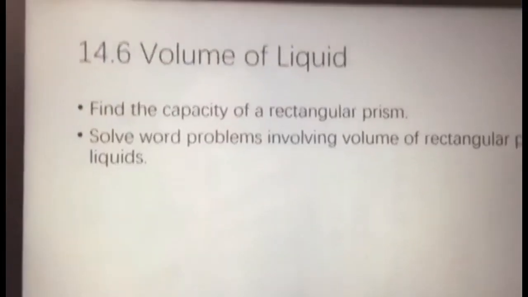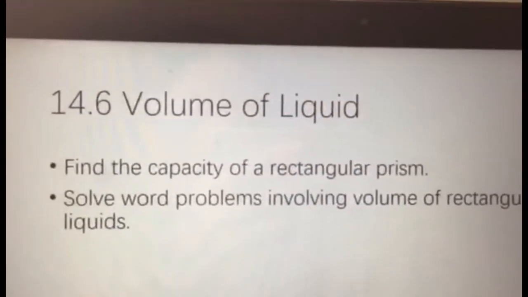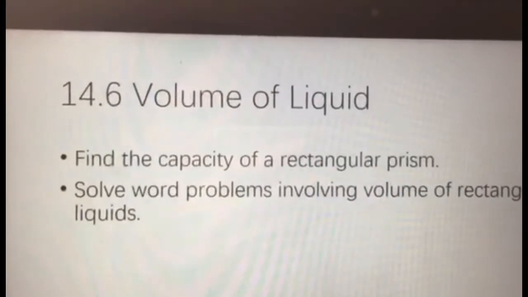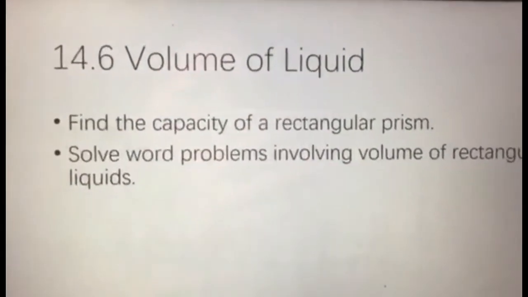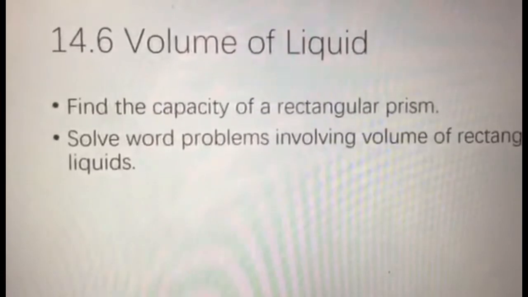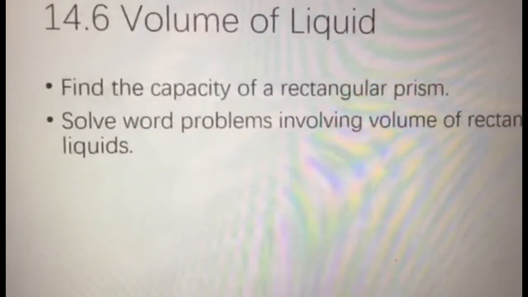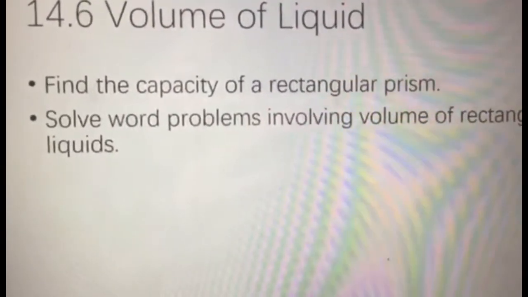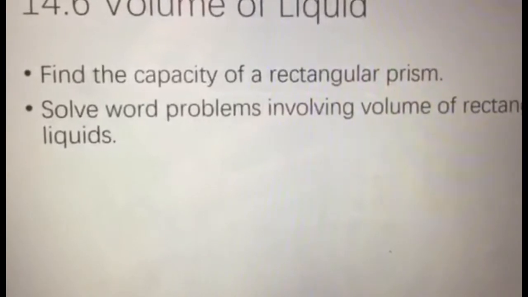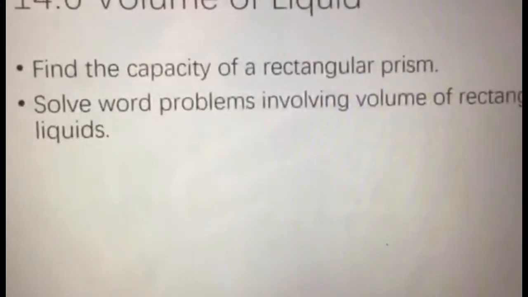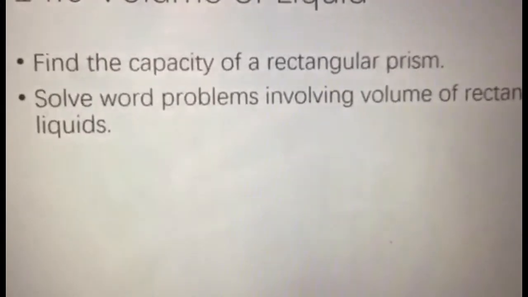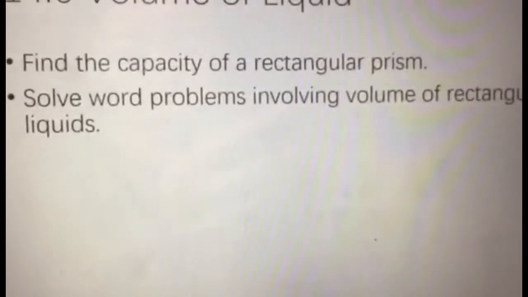For today though, we are going to work on the volume of liquid. We hope to learn how to find the capacity of a rectangular prism, and we hope to solve problems involving volumes of rectangular prisms and liquids.